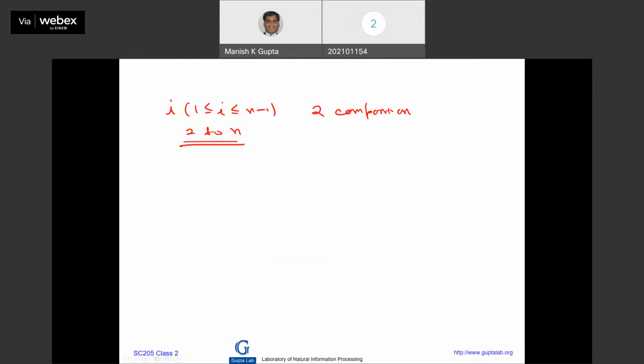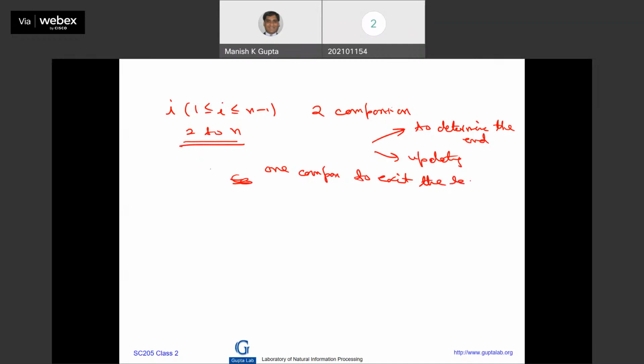Two comparisons to determine the end of the list and to update the term or not. And this loop is running n minus 1 times. And actually one comparison we are also doing to exit the loop.